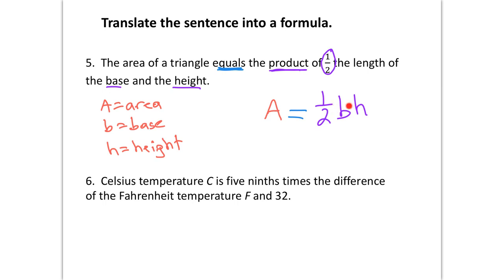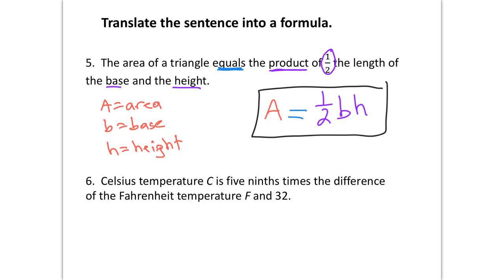I don't need the times symbol in between, because by default, when you don't have anything in between 2 terms, you are multiplying those 2 or 3 or 4 different terms. So that's why I'm not using the times in the middle. So that's the formula. We are going to write the formula for that specific sentence. So A equals 1/2 times the base times the height, and that's the area of a triangle.